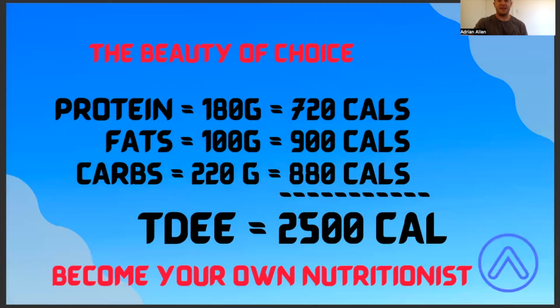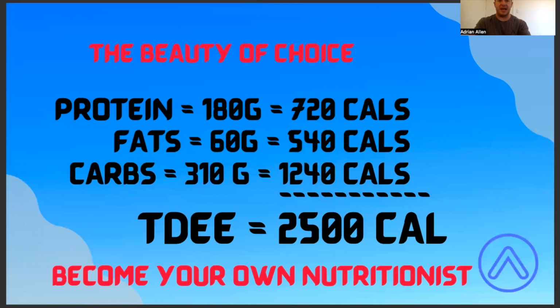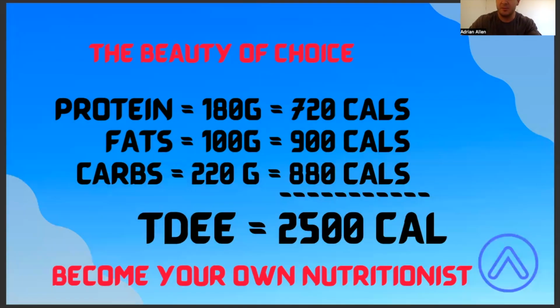And then, for instance, here, what I did is protein stays the same, but the fats I have increased to 100 grams of fats. Some people, me, I actually eat 100 grams of fats, okay? So again, it doesn't matter. Obviously, there's recommendations you want to kind of sit in, but I just want to show you the beauty of choice.